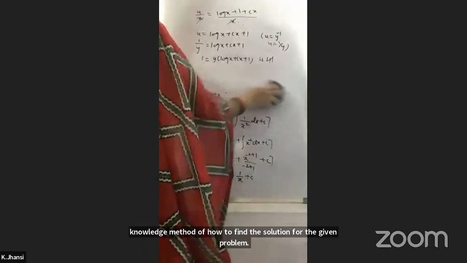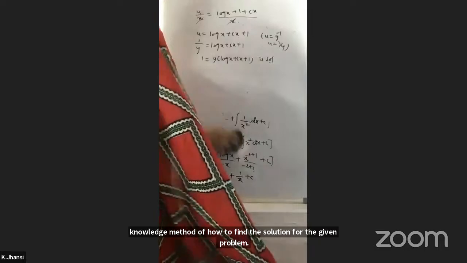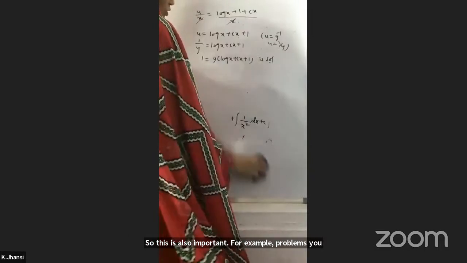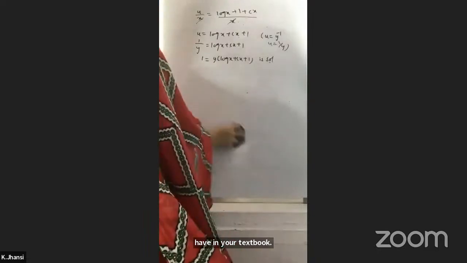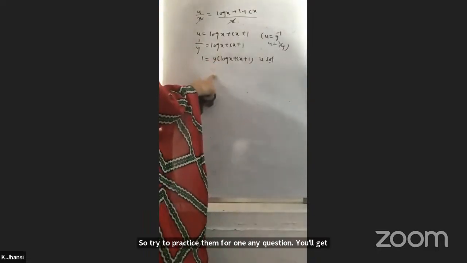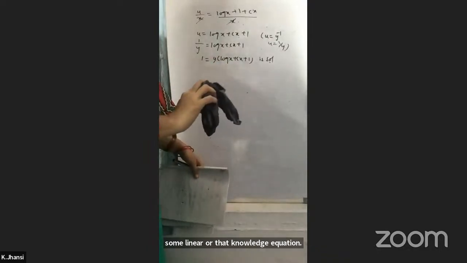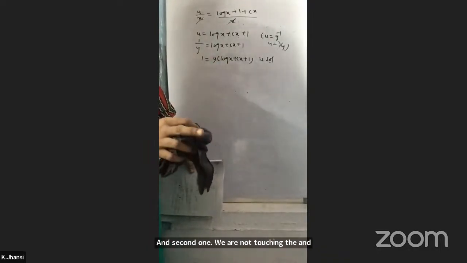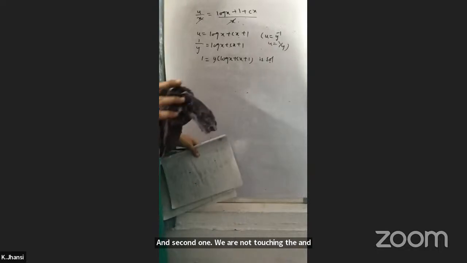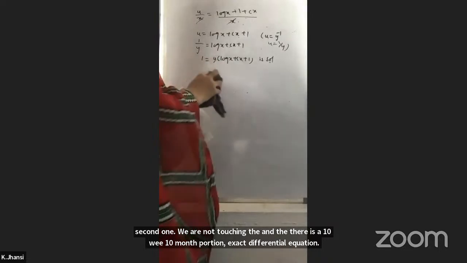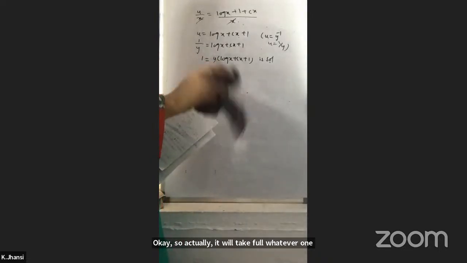So this is also important. Example problems you have in your textbook, so try to practice them. One 10A question you will get from linear or Bernoulli's equation, and the second one, the 10B, a 10 marks question, is exact differential equation. We are not touching it now, because it will take a whole class, and even one class will not be sufficient.